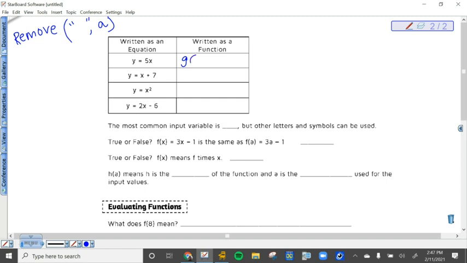X. G of X equals 5X. Someone else. What's the name of our next function? H. So H, my input is again X. H of X equals X plus 7. Okay, I'd like you to do the next two on your own.